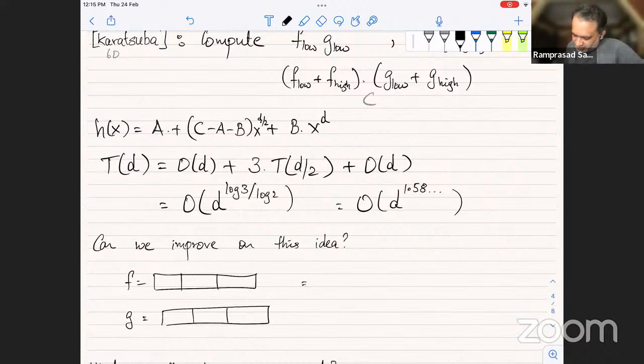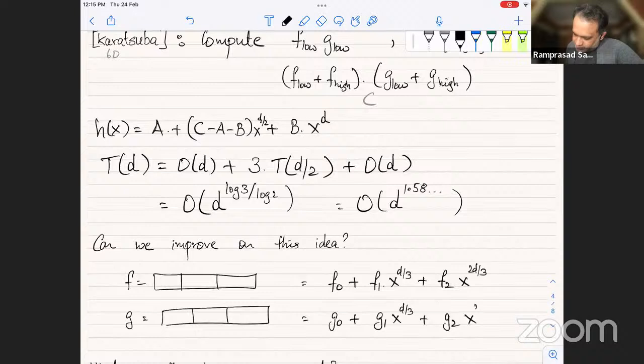Let me write this as f0 plus f1 times x to the power d by 3 plus f2 times x to the power 2d by 3. And similarly, g is g0 plus g1 times x to the power d by 3 plus g2 times x to the power 2d by 3.